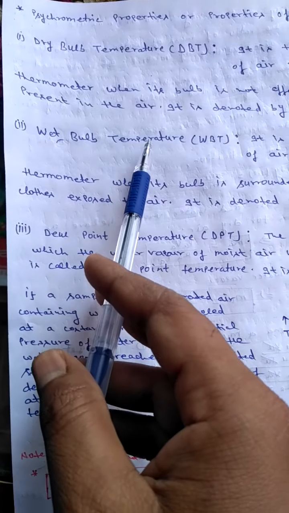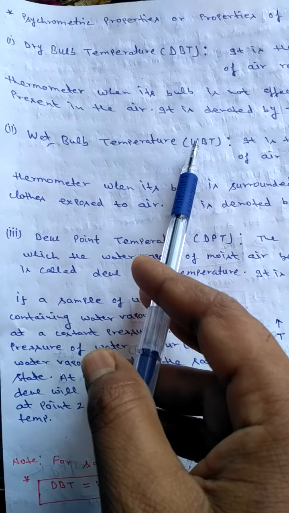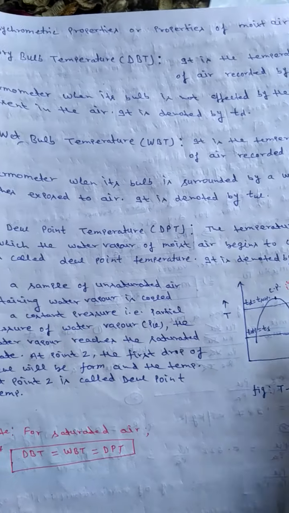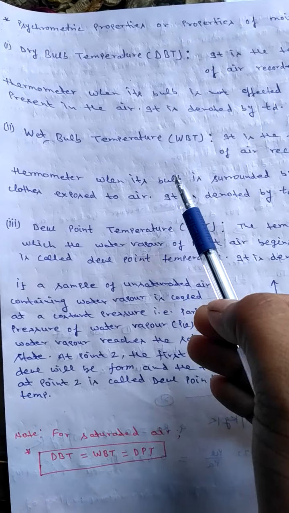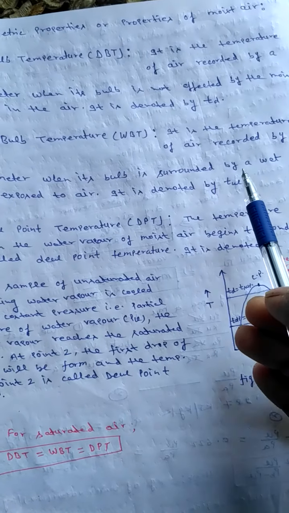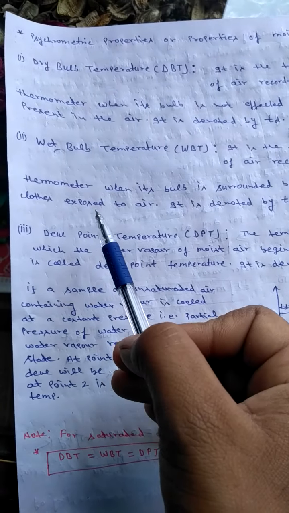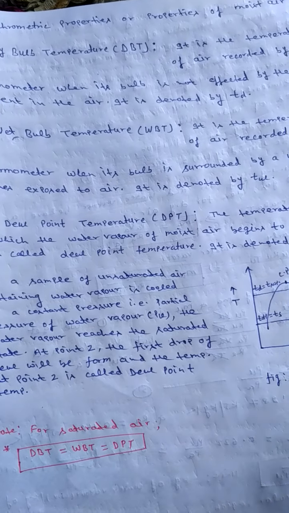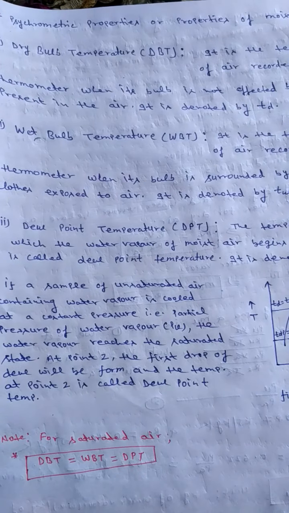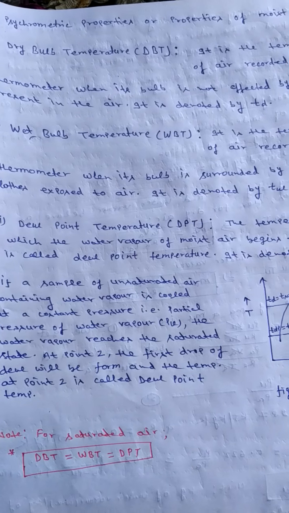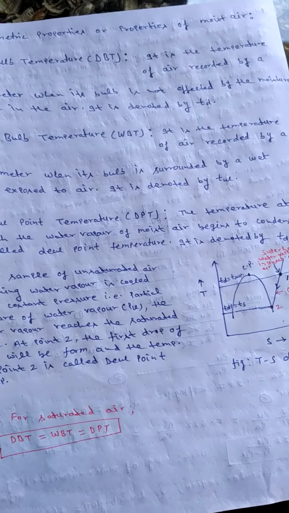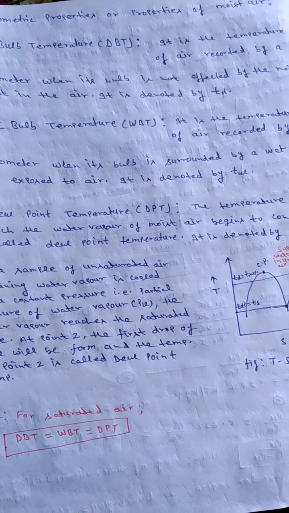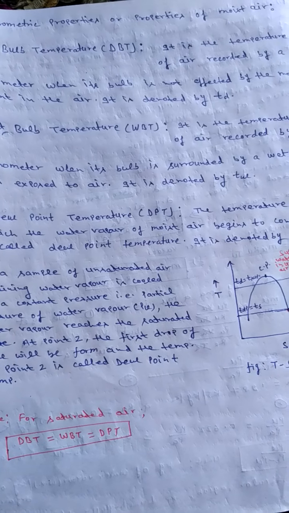The second property is wet bulb temperature, in short WBT. It is the temperature of air recorded by a thermometer when its bulb is surrounded by a wet cloth exposed to air. It is denoted by TW. While measuring the wet bulb temperature, we put a wet cloth around the bulb of the thermometer.